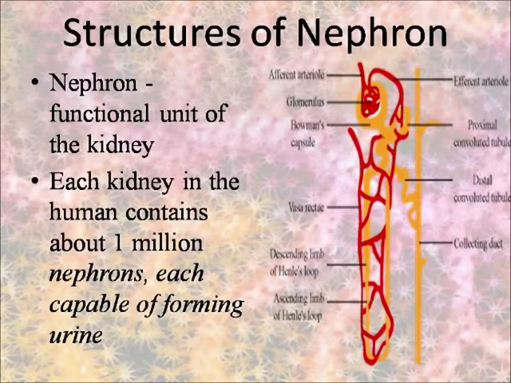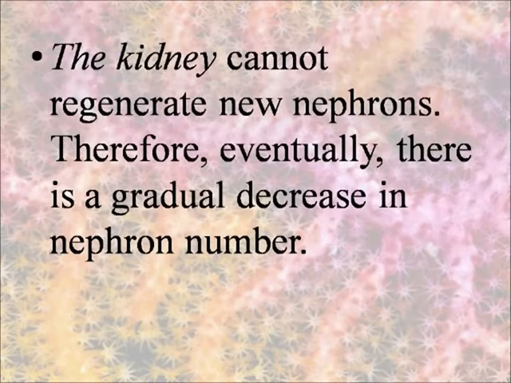A long tubule, in which the filtered fluid is converted into urine on its way to the pelvis of the kidney, consists of urinary tubules. They are the proximal convoluted tubule, descending and ascending limbs of Henle, distal convoluted tubule, and collecting duct. The kidney cannot regenerate new nephrons. Therefore, eventually, there is a gradual decrease in nephron number.